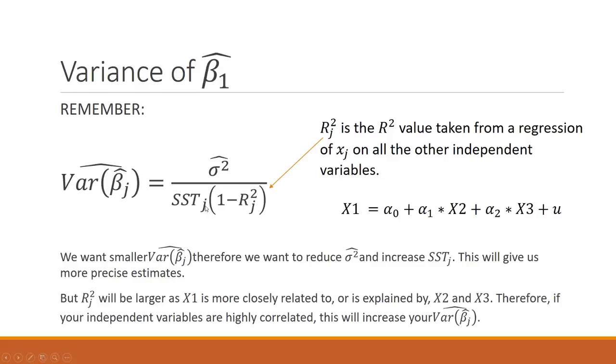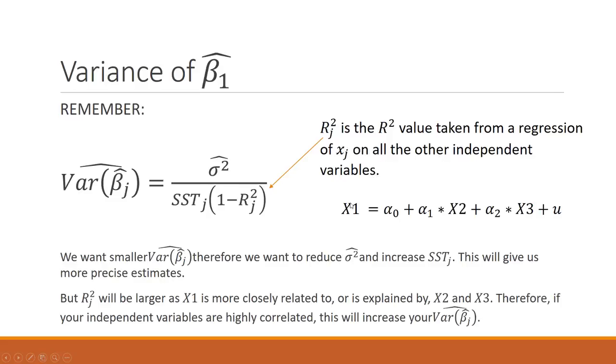So now let's direct our attention to this term here. Before I downplayed it. I didn't talk about it as much. Let's talk about it more now. 1 minus rj squared. All right, so rj squared is the r squared value taken from a regression of the independent variable xj on all the other independent variables.